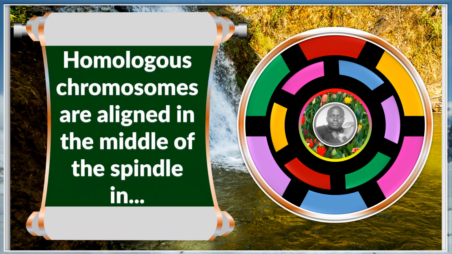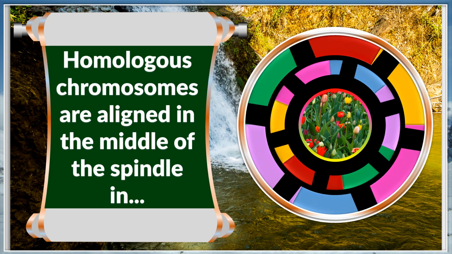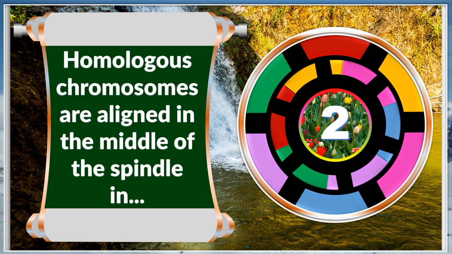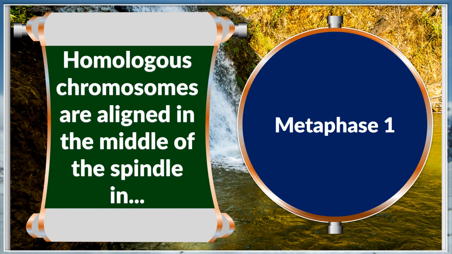Homologous chromosomes are aligned in the middle of the spindle in metaphase 1.